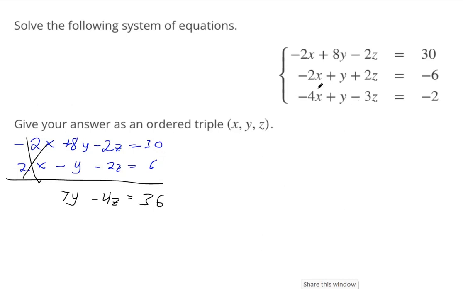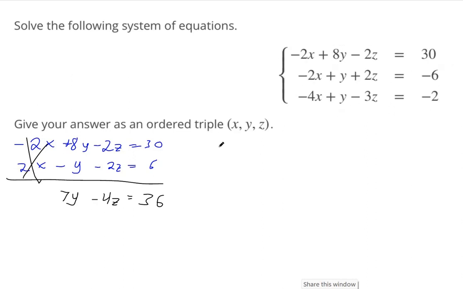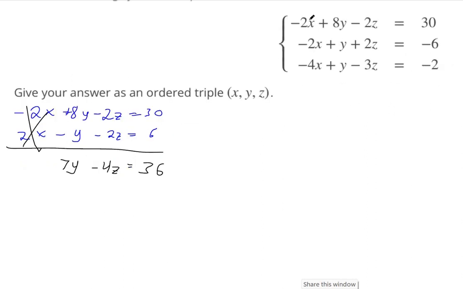Okay, then we're going to do the same with another pairing of equations. We'll use this top equation and this bottom equation. In order to make the x's disappear, I can multiply this top equation by -2. So multiply the entire top by -2. That way we're going to have a positive 4x on top of a negative 4x, so they'll cancel out.